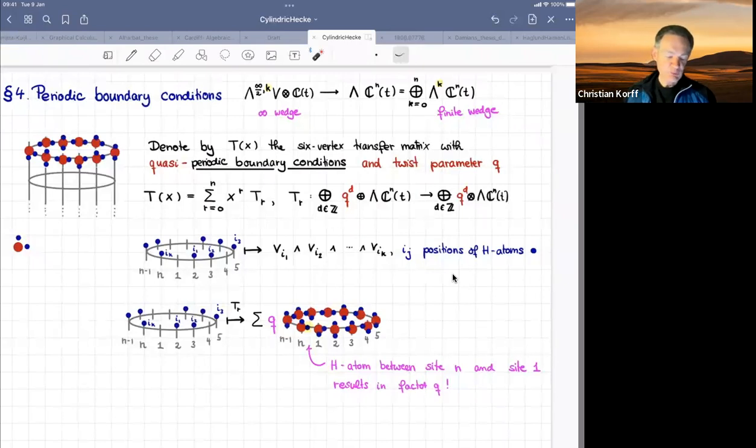And our reason to introduce periodic boundary conditions will be of a more combinatorial nature because, as I said, I would like now to make contact with the geometric interpretation which we had before. So the Littlewood-Richardson coefficients were intersection numbers of the cohomology of Grassmannians. And now I would like to generalize this to the quantum cohomology of Grassmannians and the Gromov-Witten invariants, which count certain algebraic curves connecting Schubert varieties.